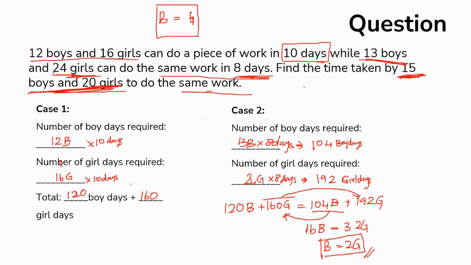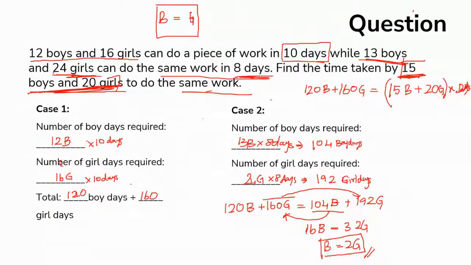We know that in the first case, it is 120 boys plus 160 girls, and in this third case, 15 boys and 20 girls, because they were trying to do the same amount of work.